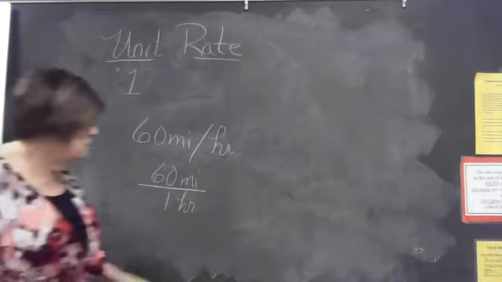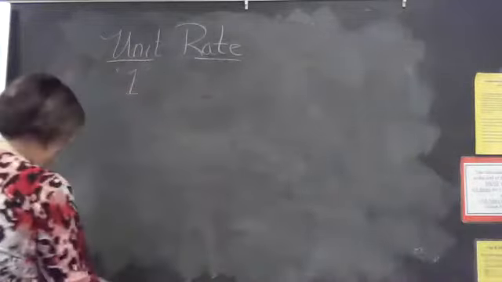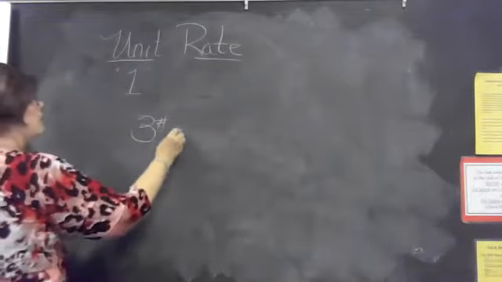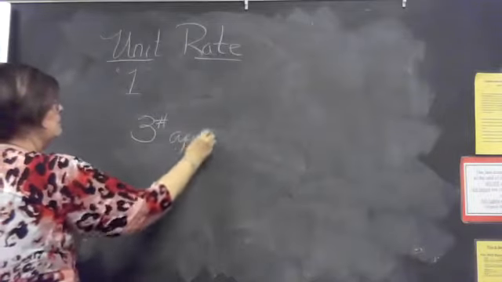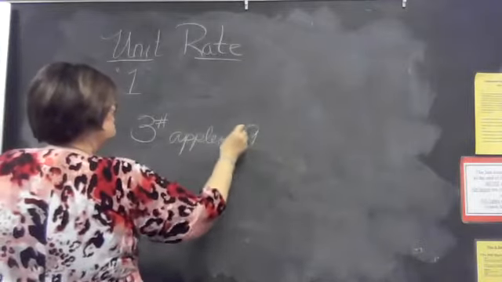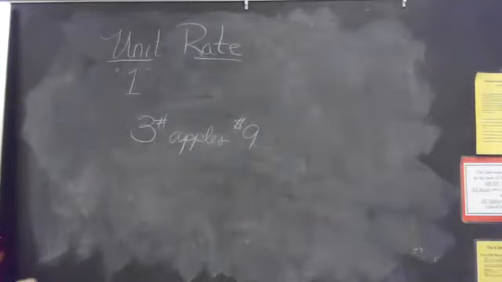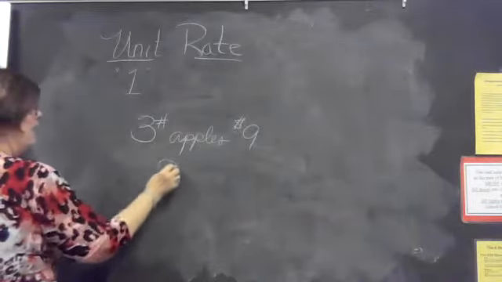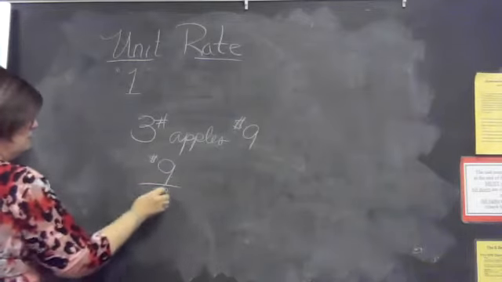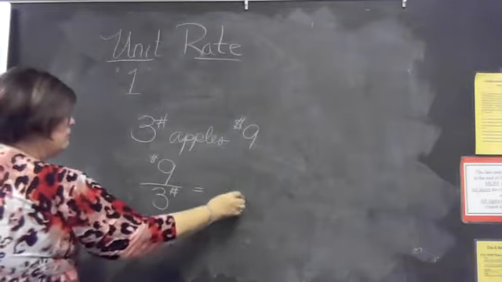So here's an example of why you need to be able to do this. Let's say 3 pounds of apples sell for, let's say, $9. So it costs $9 for 3 pounds. How much would it cost for 1 pound?